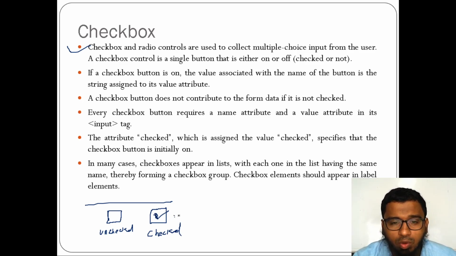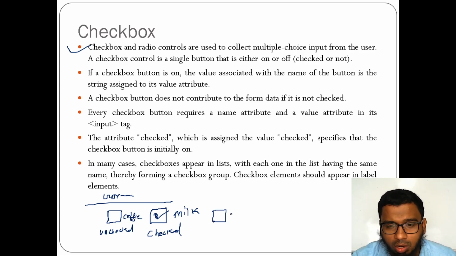Whatever you are going to write here, like I will write, consider grocery, and this is milk, and this is coffee, and another box sugar. So these things are there.